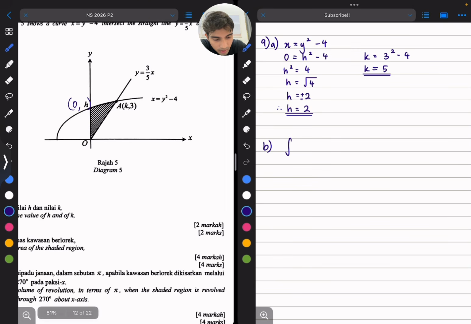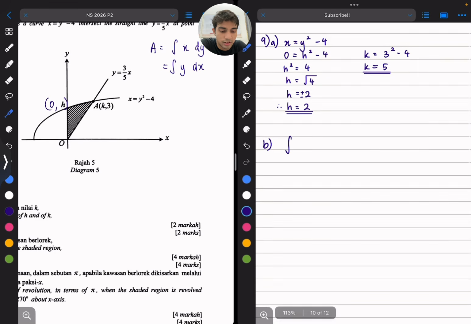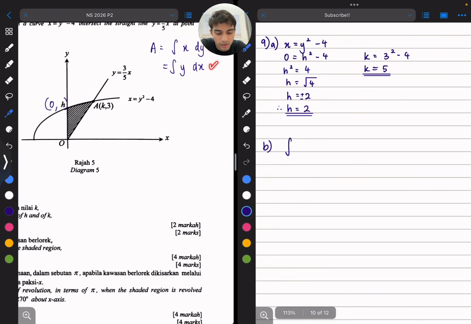Before that, for area you have two formulas. You can integrate x dy or you can integrate y dx. Depending on which limits you're using, you choose the formula. Here, since we have chosen the x limits, we use dx. That means integrate y dx.